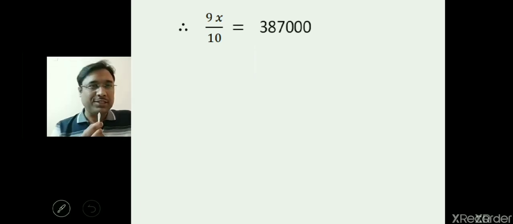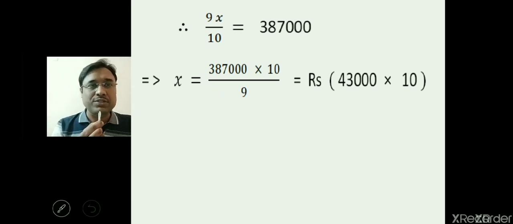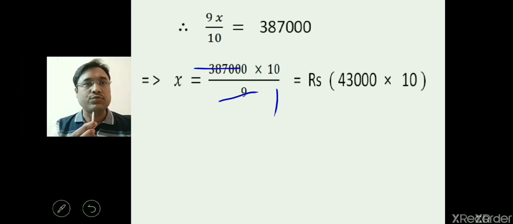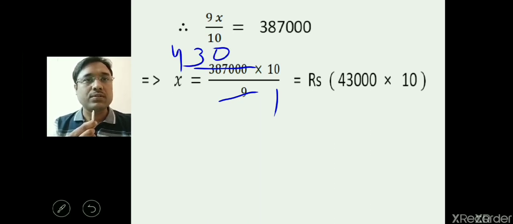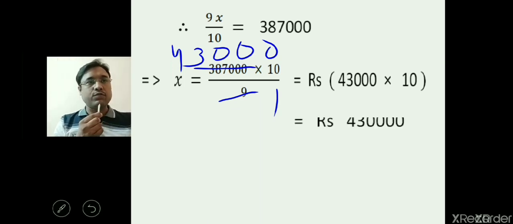Now you can solve this equation easily. X equals 3,87,000 into 10 by 9. This 9 will divide 3,87,000, so ultimately you get 43,000 into 10, which is 4,30,000.